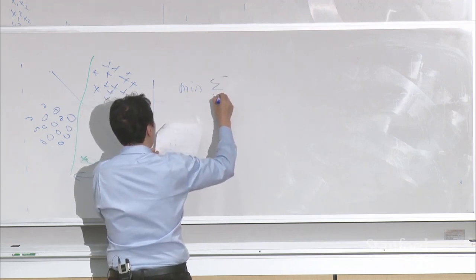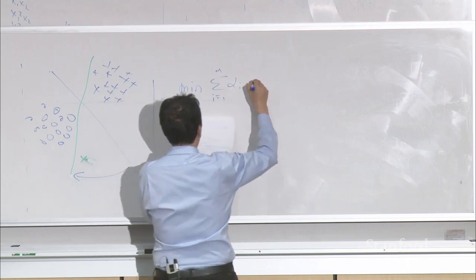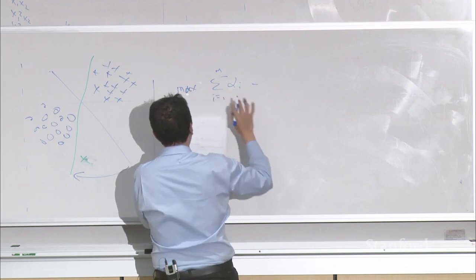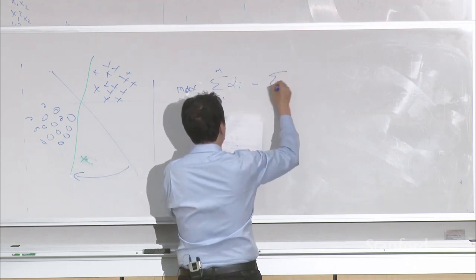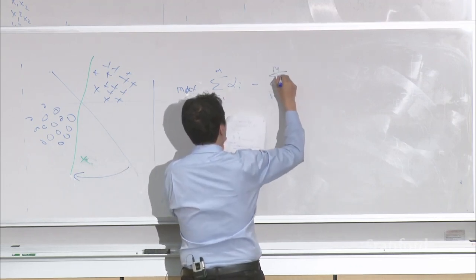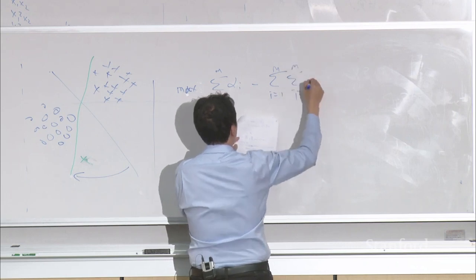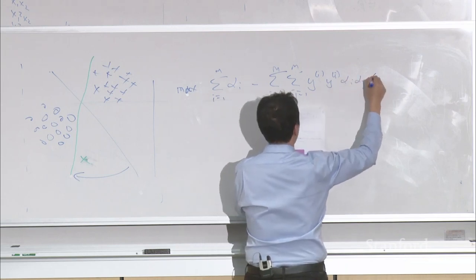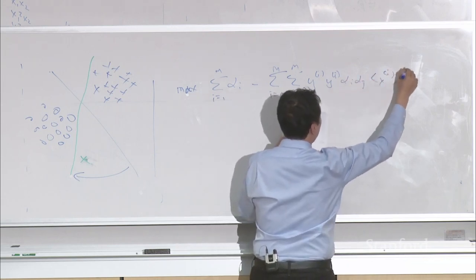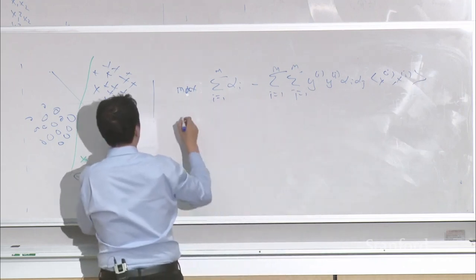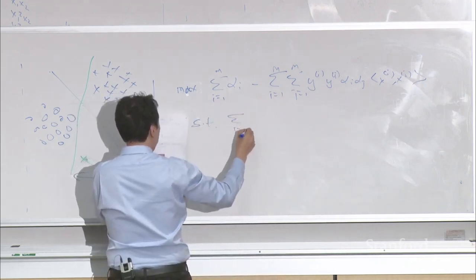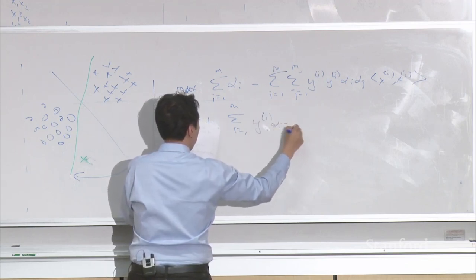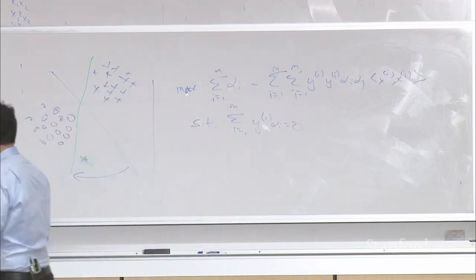Right, after the whole representer theorem derivation, this is just what we had previously. I've not changed anything so far. This is just exactly what we had.